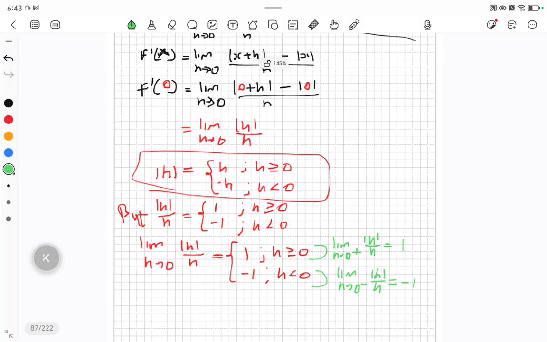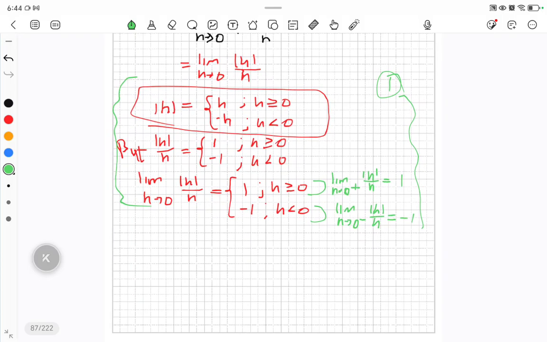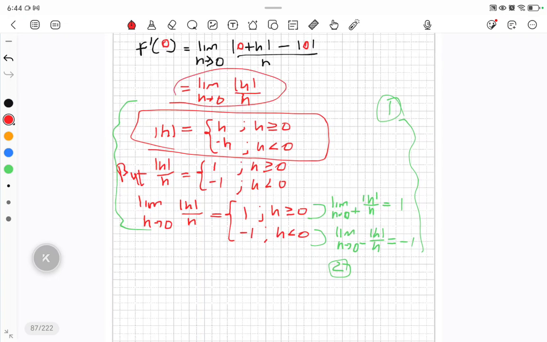Now if you don't want to write it like this, how I did here, you can still write it like this. This would be the first option to choose. Then the second option would be, since we're here, you start by the absolute value of h.